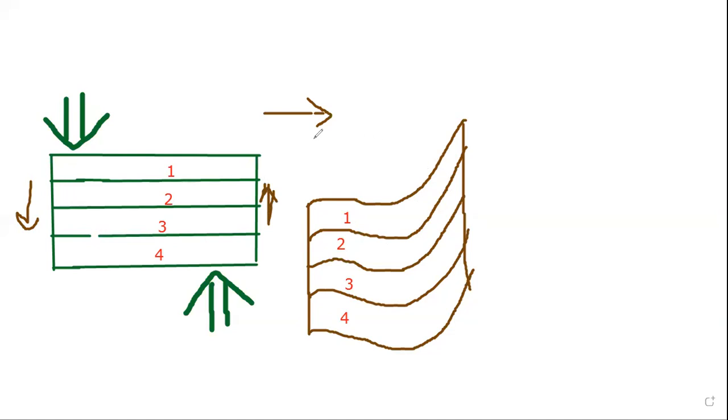Now, till the pressure is active, again pressure is applied at the same place. What will happen? If the pressure continues in the same direction, there will be formation of a crack in between these layers.